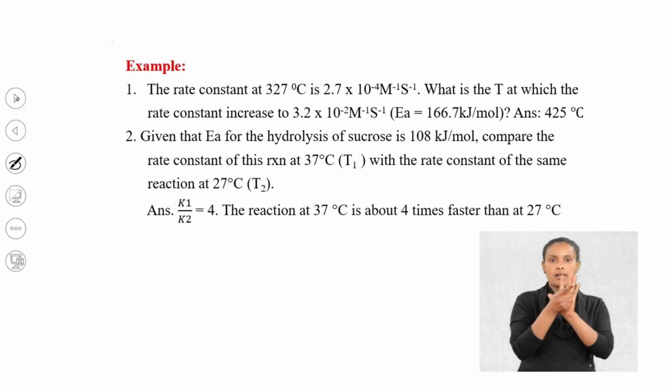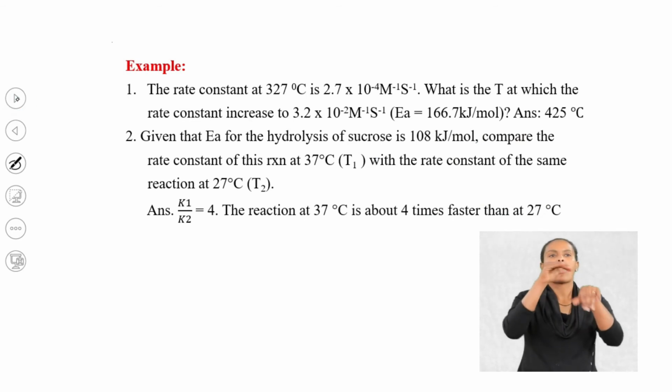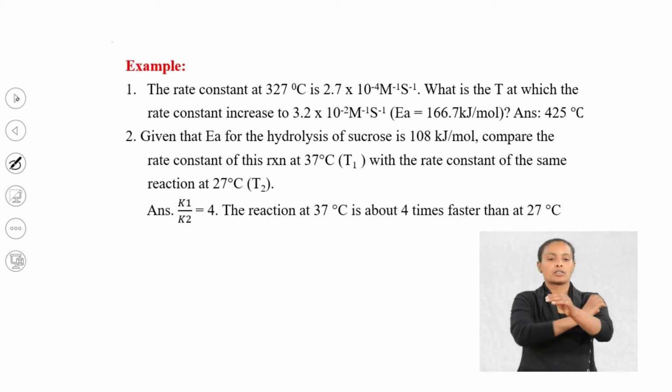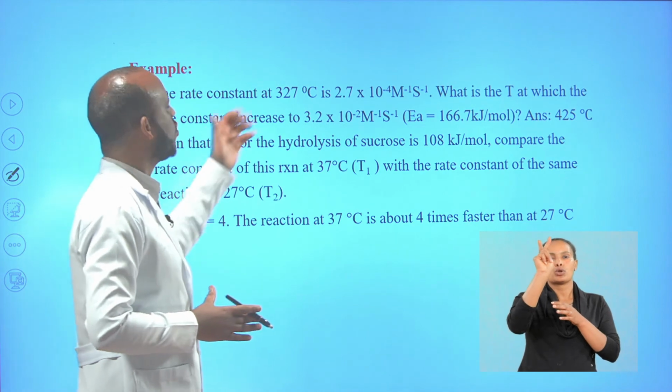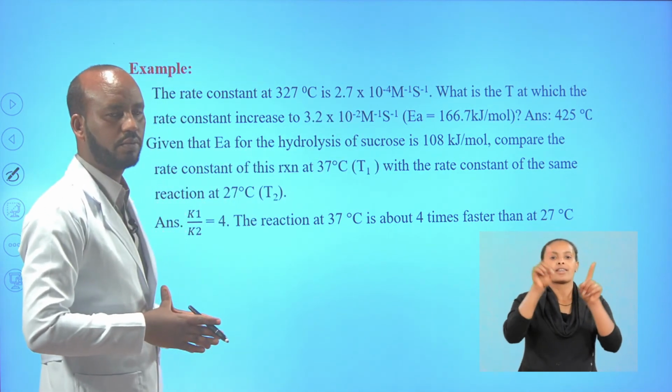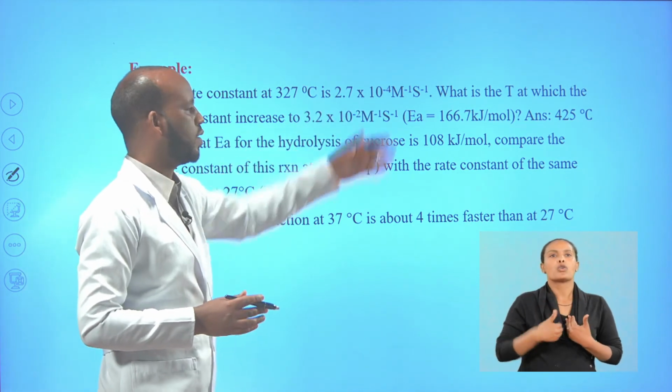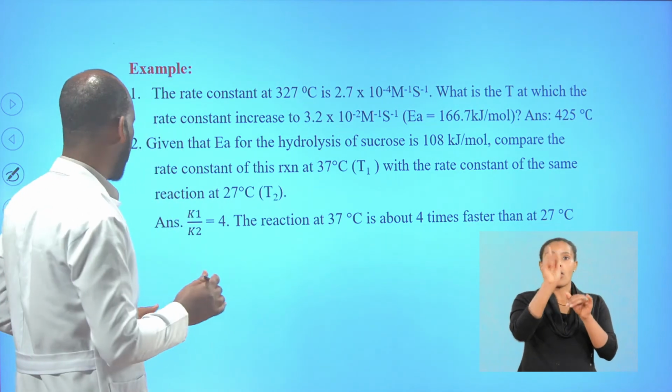Example 1: The rate constant at 327 degrees centigrade is 2.7 times 10 raised to minus 4 per molar per second. What is the temperature at which the rate constant increases to 3.2 times 10 to the power of minus 2 per molar per second? The activation energy of this reaction is 166.7 kilojoule per mole. For two different temperatures, we have two rate constants, K1 and K2.